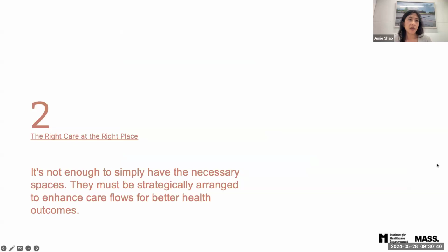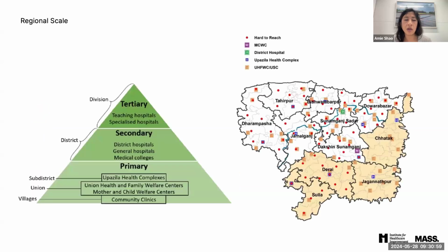So this next mini chapter is really about right care at the right place. And the point that we want to make here is that it's not enough to just have the spaces. You really have to strategically arrange them in order to allow for the necessary care flows leading to better health outcomes.